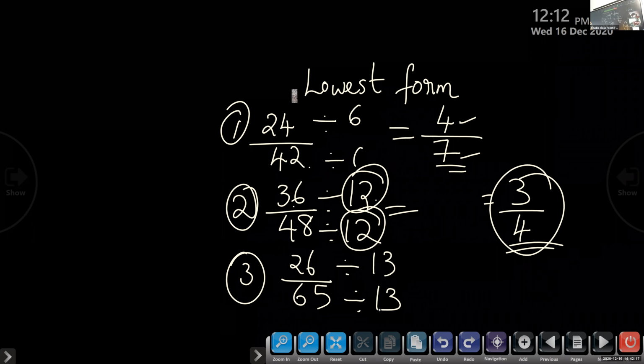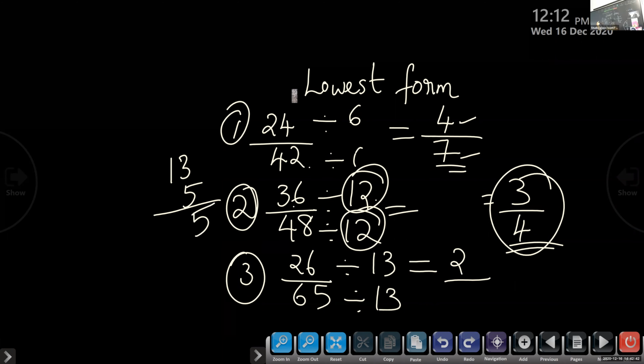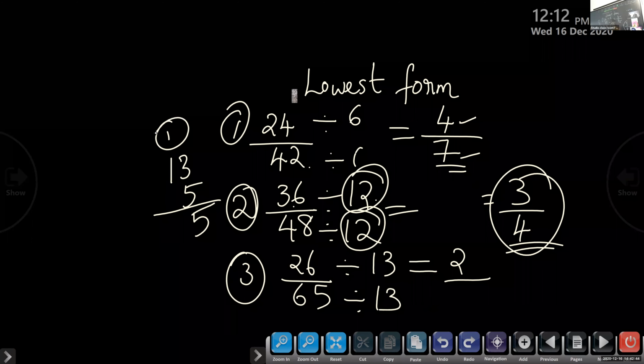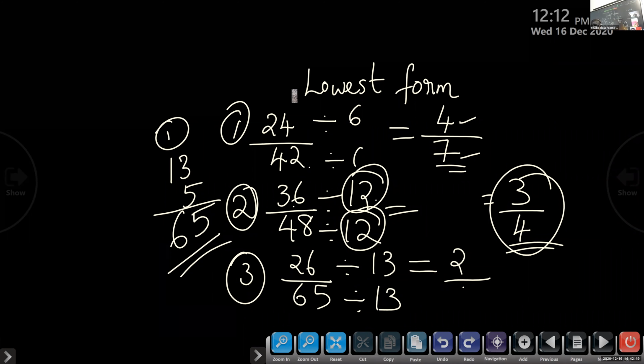You check whether it is divisible by 3, but 26 is not divisible by 3. Like that, you have to check. Then you can find out 26 can be divided by 13. 13 twos are 26, and 13 fives: 5 threes are 15, 1 carry over, 5 ones are 5, plus 1, 6. So you get 65.